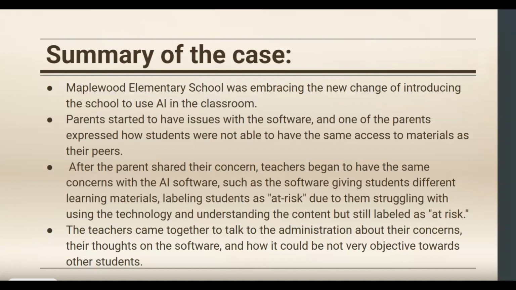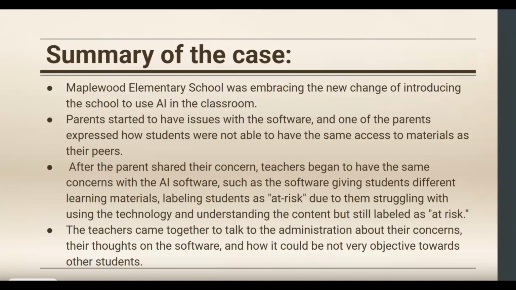Basically, a school called Maplewood Elementary was trying to incorporate AI into the classroom. In the first month of the program being implemented, parents started to complain and have issues with the software. One of the parents expressed concerns because she said her child wasn't able to get the same access as everyone else's child in the class.